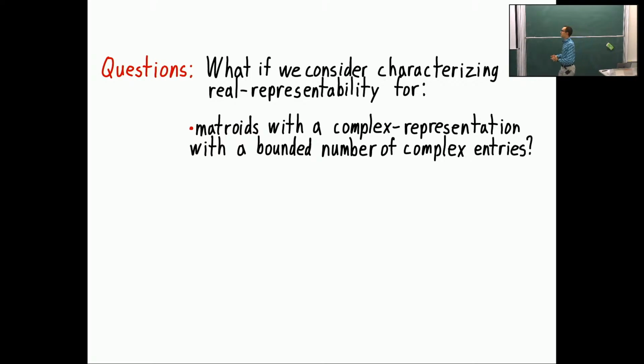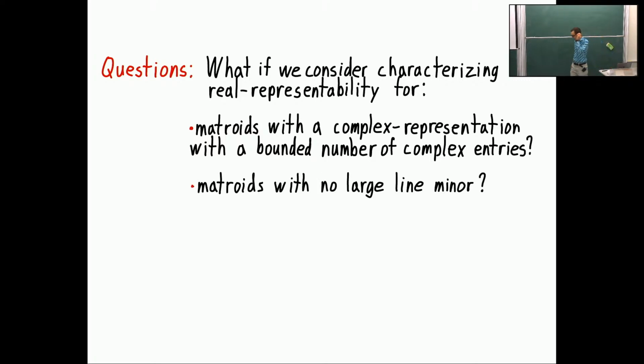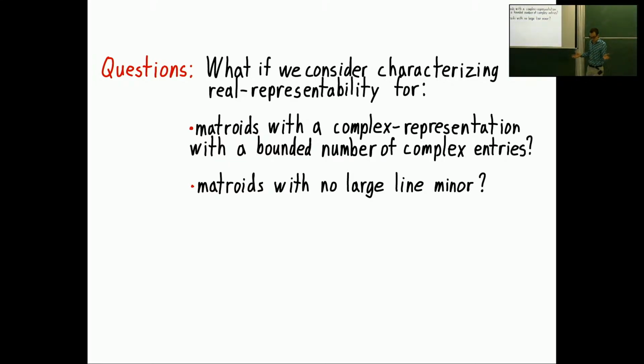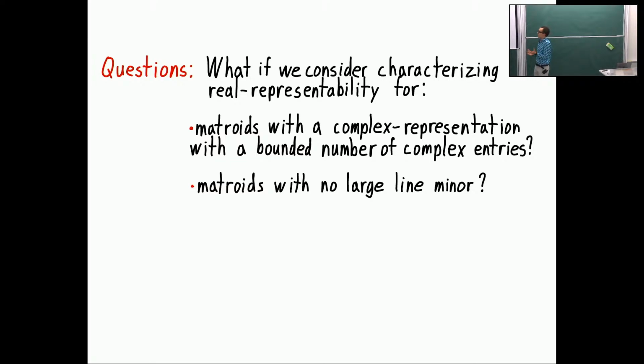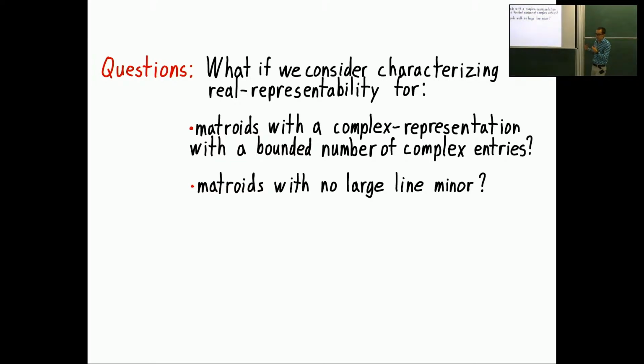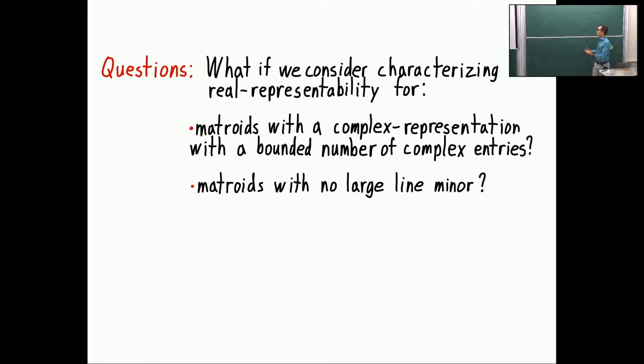And from a structural standpoint, we needed a whole bunch of different values. The constructions needed various products. So what if we don't have lines or the rank-two uniform matroid as a minor? Can we then characterize real representability?